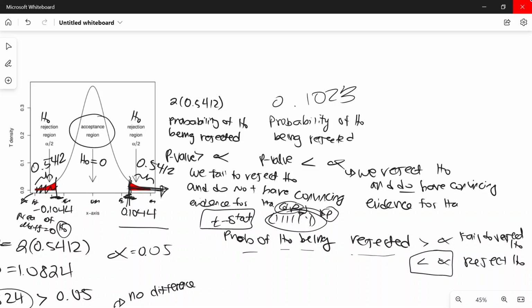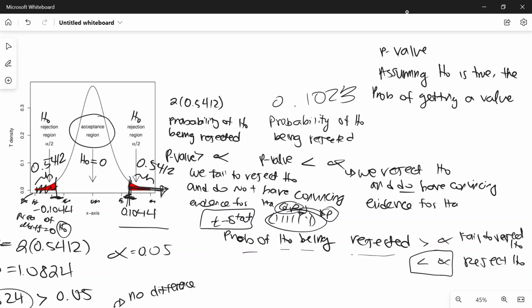But the p-value is assuming that H0 is, what the heck? The interpretation of the p-value, okay, this might be counterintuitive, because it's assuming that H0 is true, the probability of getting a value as extreme or larger than our T-stat, which is what, 0.1044, is what?